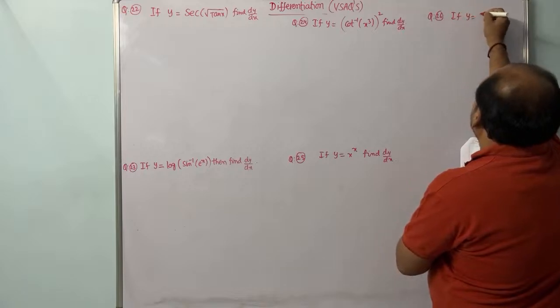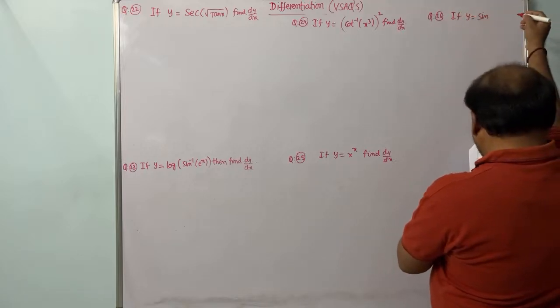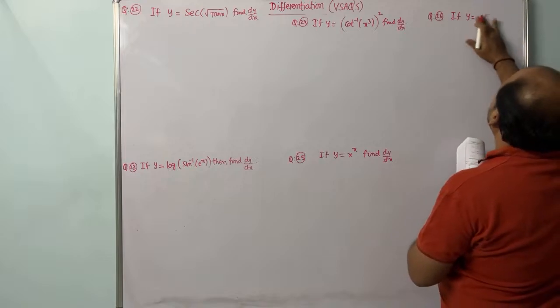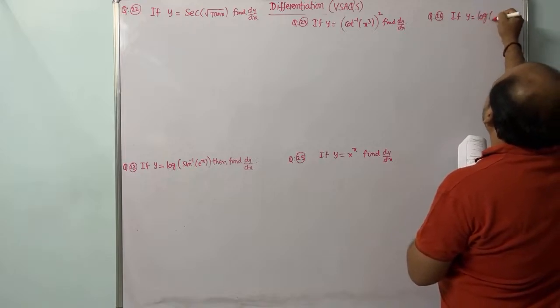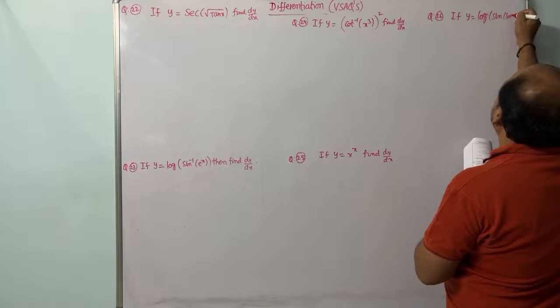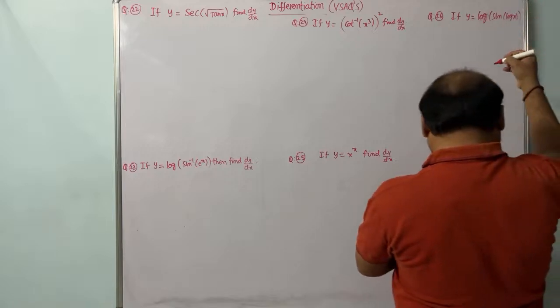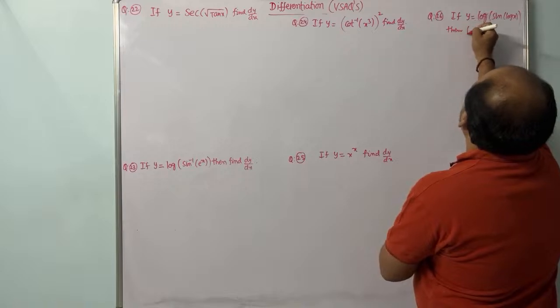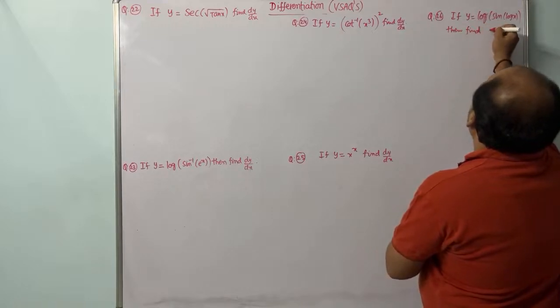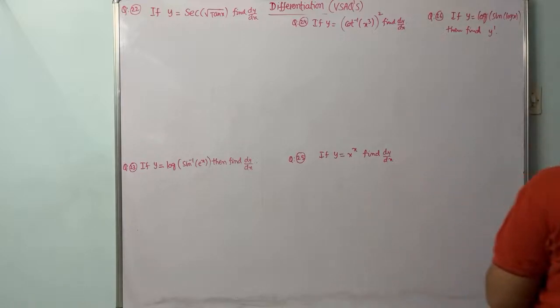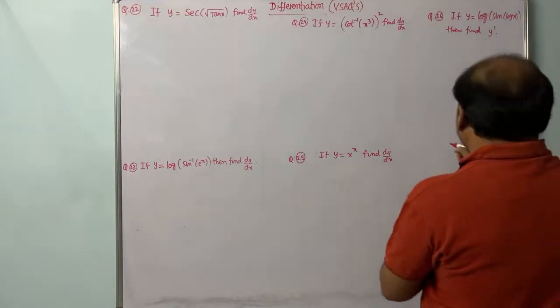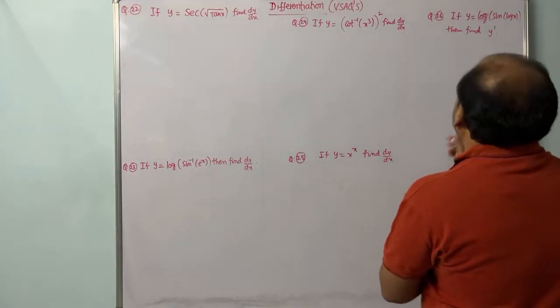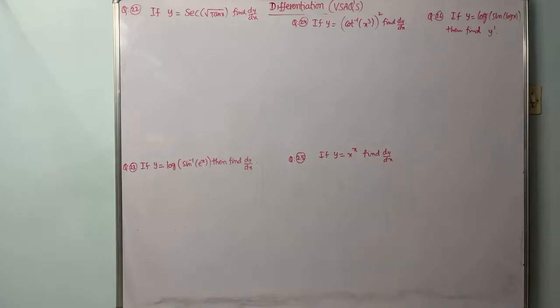If y is equal to sine of log of sine of log x, then find y dash. Separately I will explain 27 and all.